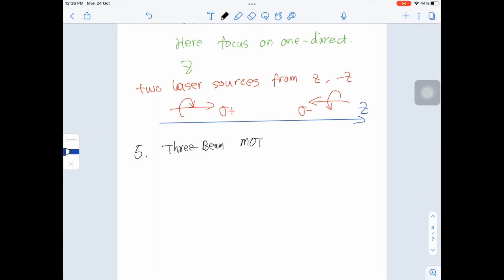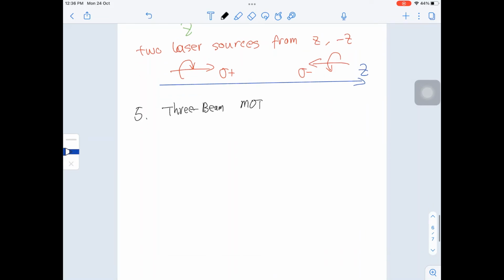For the 3-beam configuration, we have only 3 laser sources aligned along the X, Y, Z axis respectively, and we use a retroreflection mirror perpendicular to each axis, such that the retroreflected beam forms the counter-propagating light to form the MOT. I hope this is clear enough.